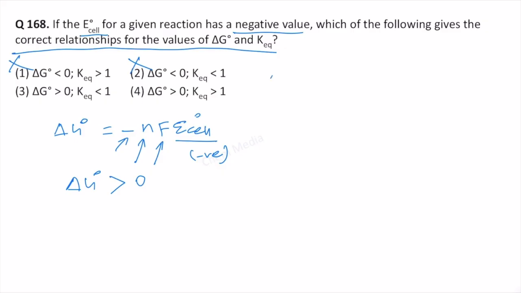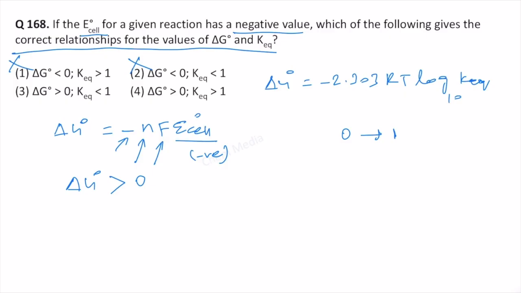We also know that delta G standard is equal to minus 2.303 times RT times log K equilibrium, base 10. We know that log value of any number between 0 and 1 is negative, isn't it?